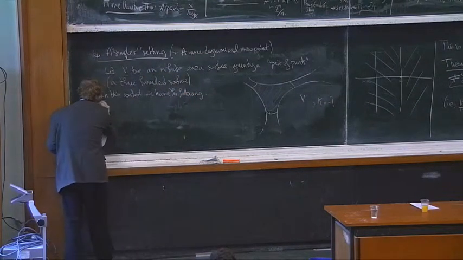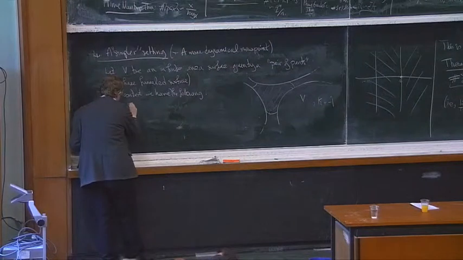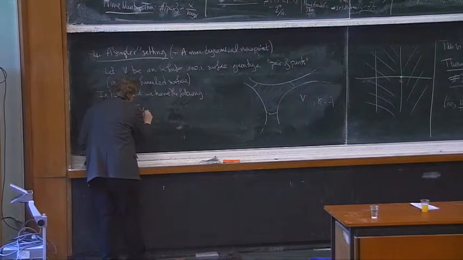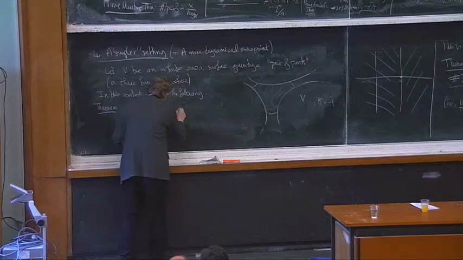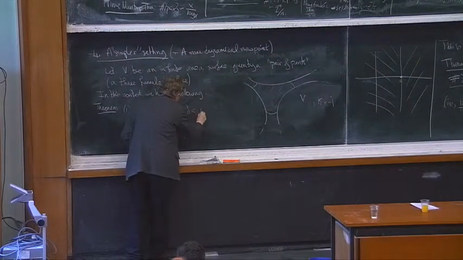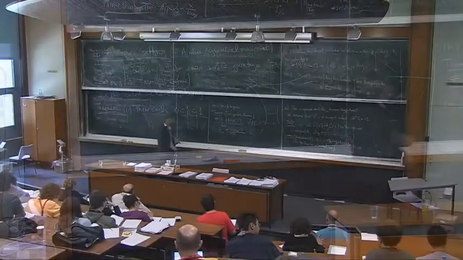So theorem. There exists a value delta, which is between 0 and 1. This delta now replaces the 1 that we used to have.